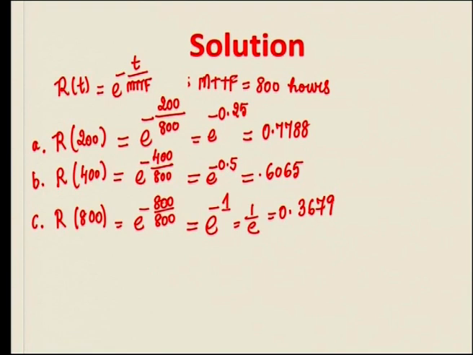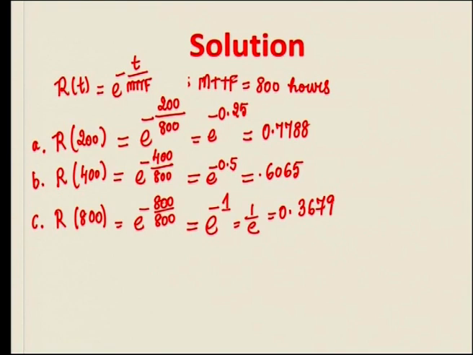So, R of 1000 is written as e power minus 1000 divided by 800, which is e power minus 5 by 4, or e power minus 1.25, whose value is obtained as 0.2865.